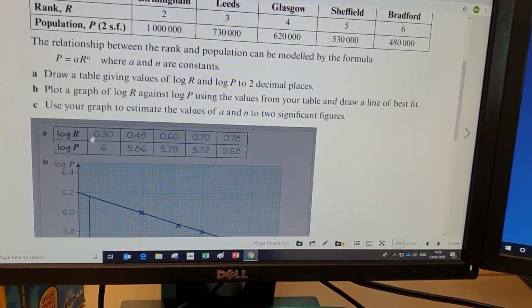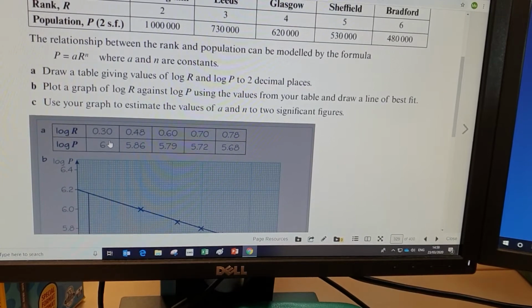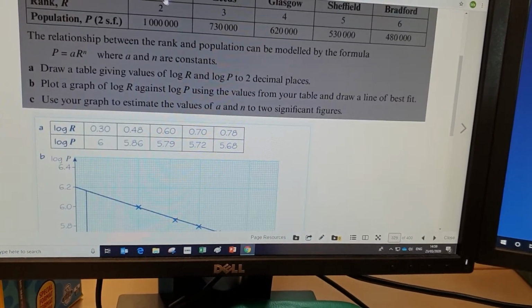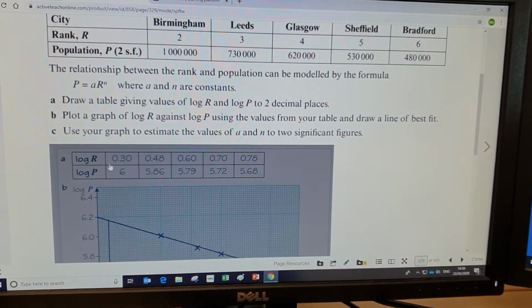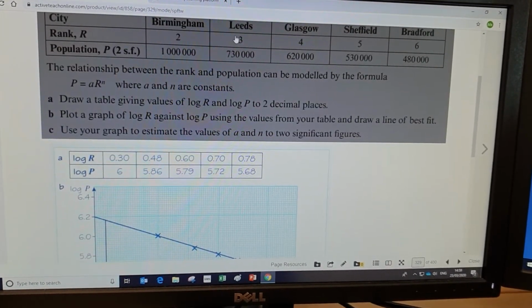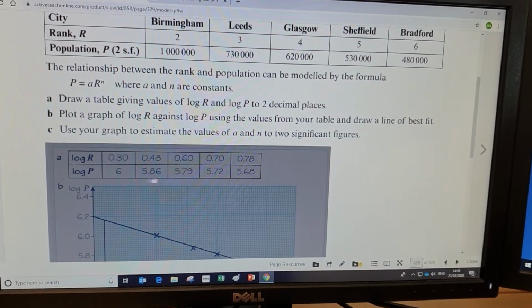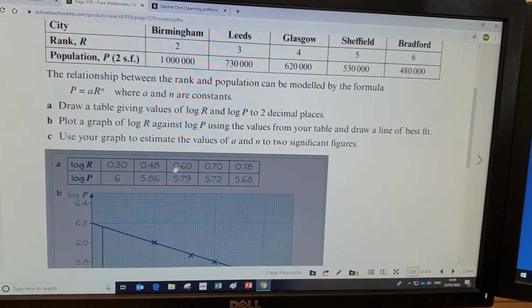Log 2 will give us 0.3, log a million should give us 6. So these two values here correspond to these two values here. Same with these two. If we take log of both of them, we'll end up with these two. These two, take log of both of them, we'll end up with these two.